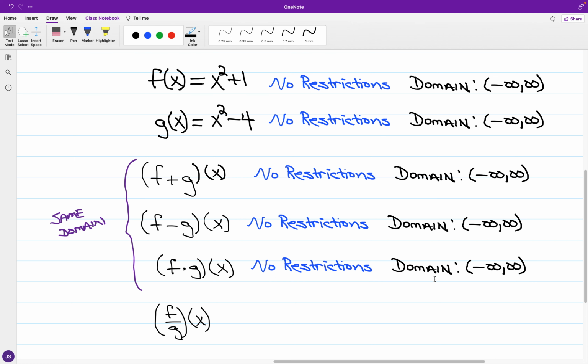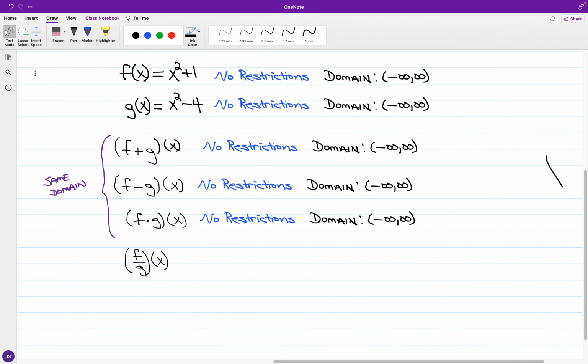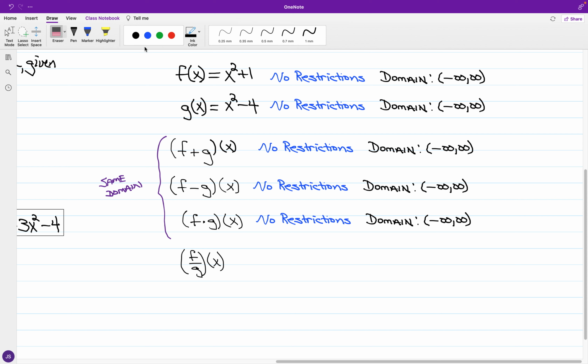Now in the case of f over g of x, because g of x cannot be 0, we have the possibility that f over g of x can have a domain that is different.